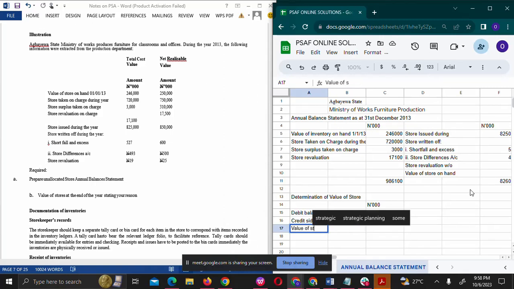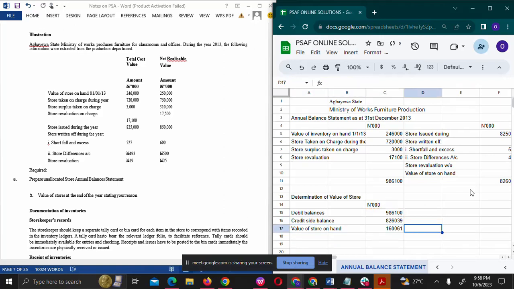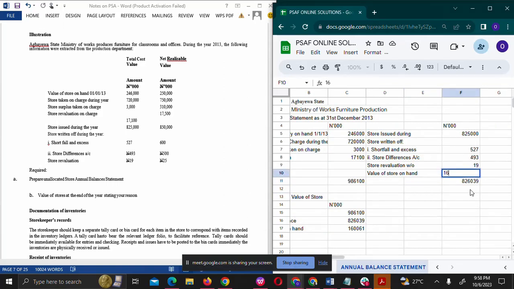Value of store on hand now is 986,100 minus 826,039. So we have 160,061. Just to make sure the debit side is equal to the credit side. So here you just have the balancing figure.